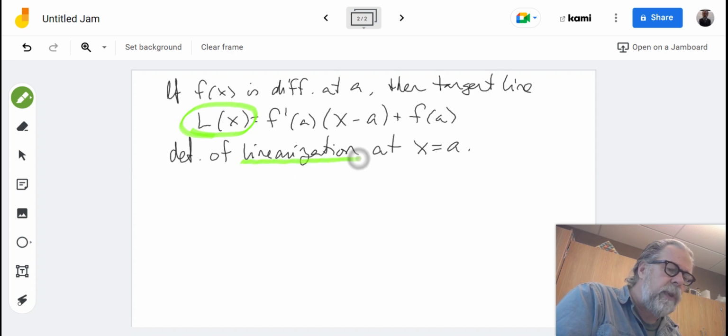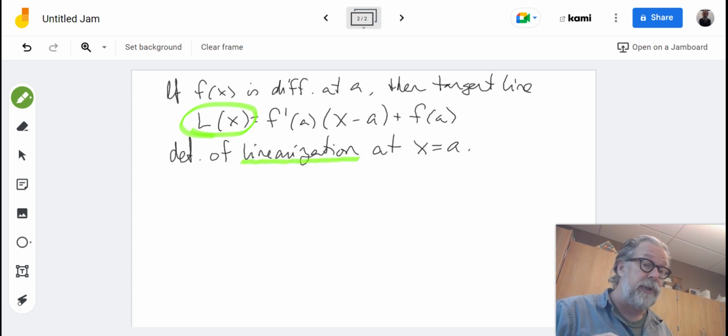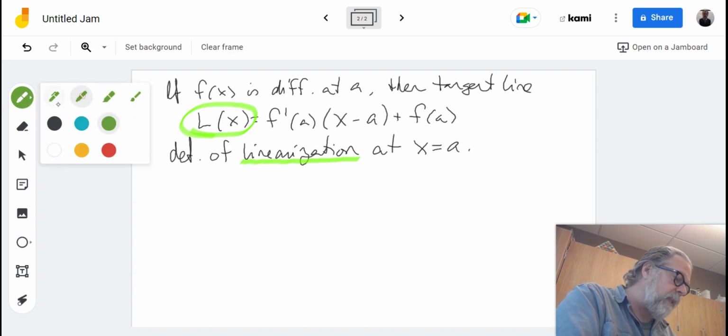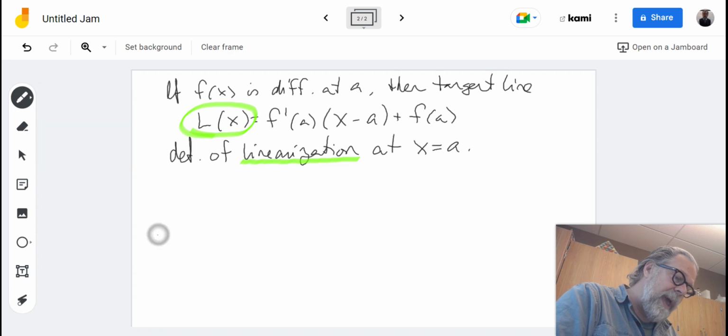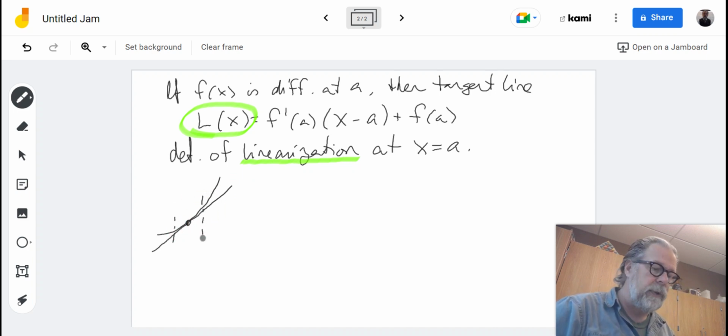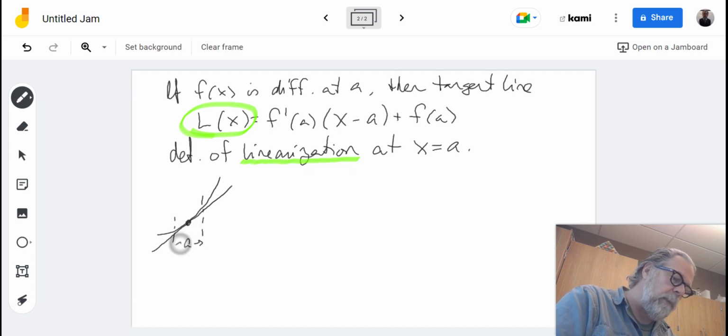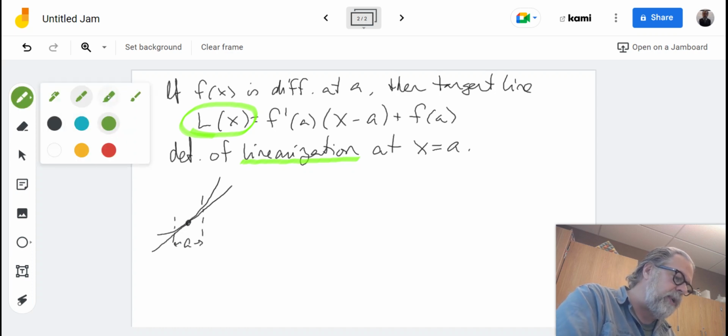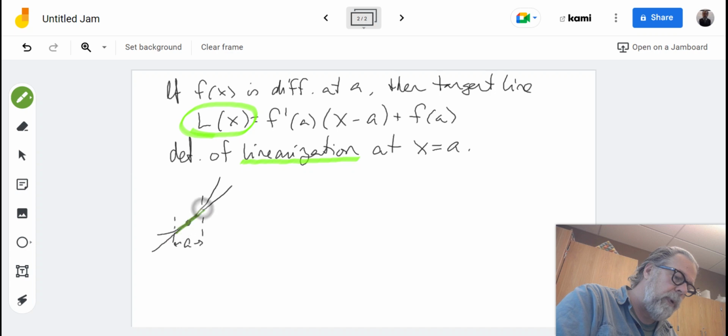just to show that it's linearization, not just a tangent line, but a special tangent line, which is that we're going to approximate this function as the tangent line for values of x very close to a. So we can go a little bit on either side of a, and we're going to assume that these two functions are approximately equal in that range.